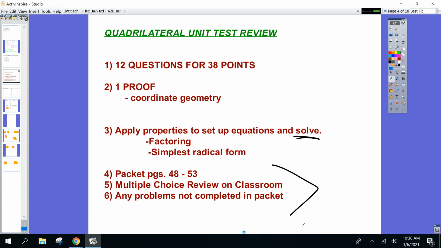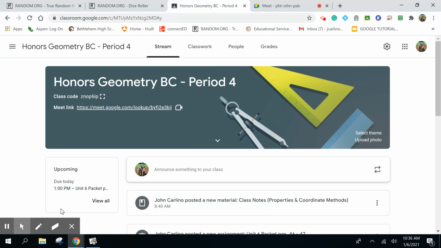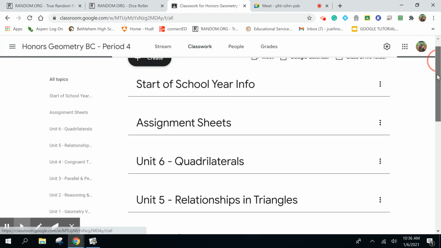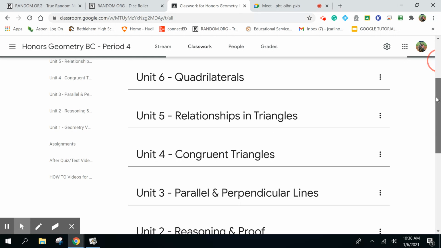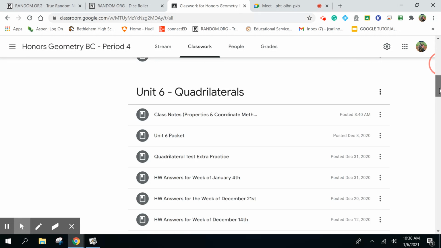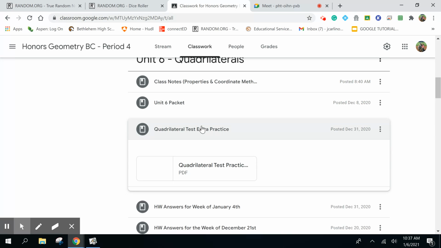On Classroom, what I'm finding out is where you guys struggle on our tests and quizzes is the multiple choice section. So what I did on Classroom, if you're interested, under quadrilaterals, you will see quadrilateral test, extra practice. These are all multiple choice questions.